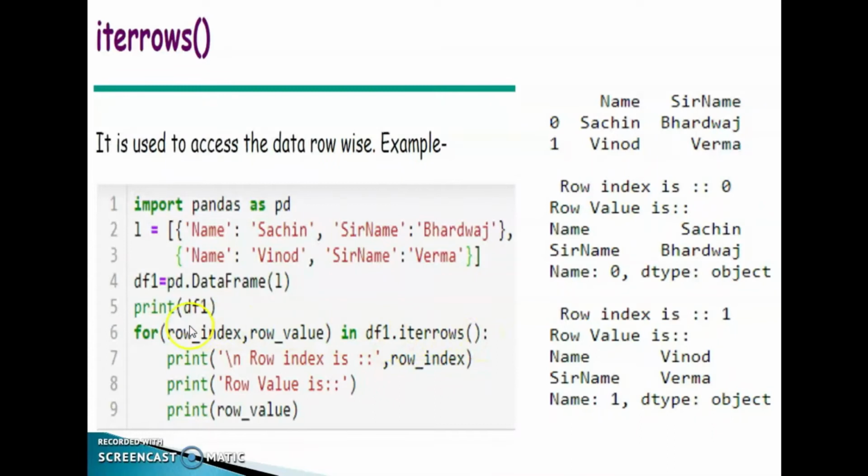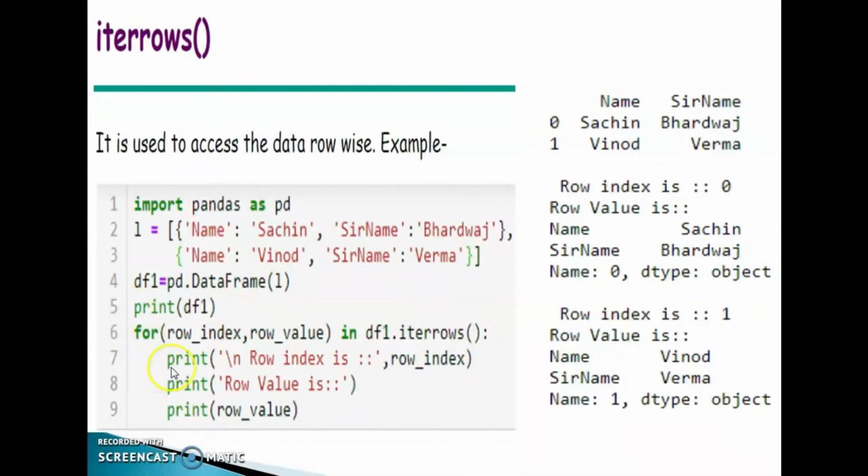This is the syntax for iterating a data frame row wise. Okay, then put this colon. That means after the statement we have to execute some other statements, so we have to apply the indentation also.